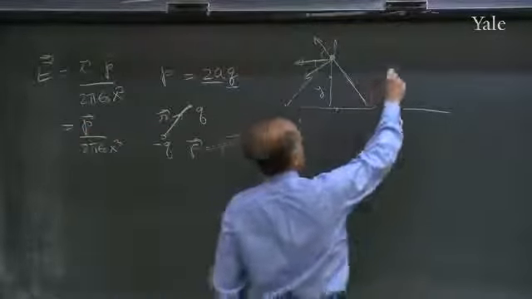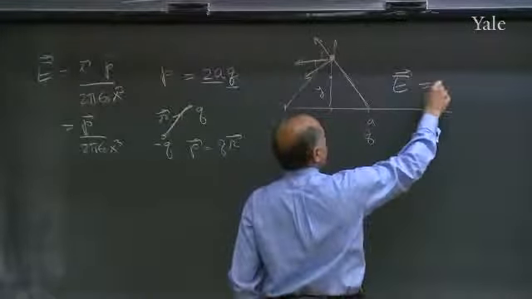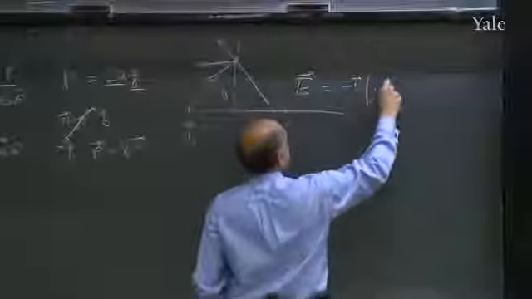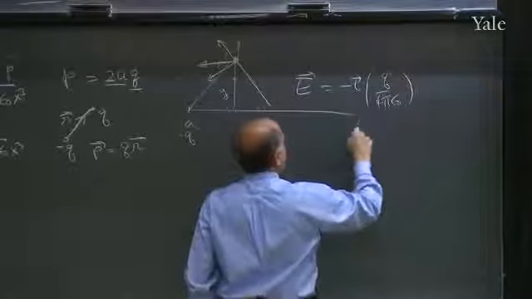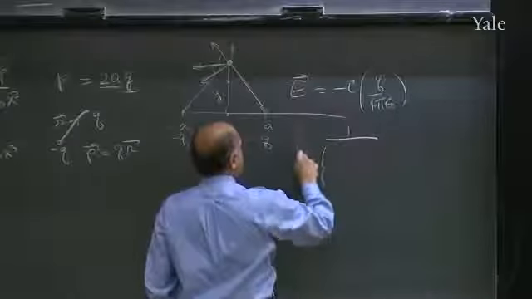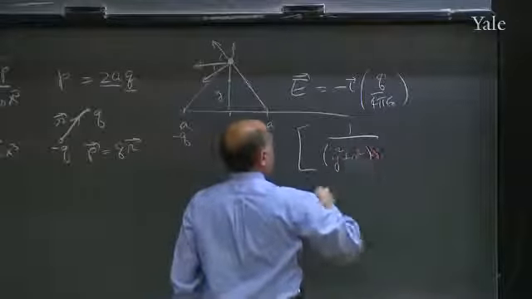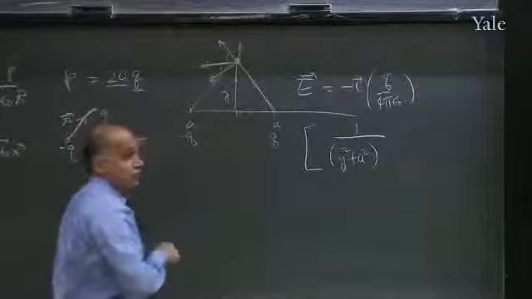So the electric field now will be minus i, that should tell me it's in the negative x direction, times q over 4 pi epsilon 0 times 1 over distance squared, which is y squared plus a squared. This is y squared plus a squared. That's also y squared plus a squared.